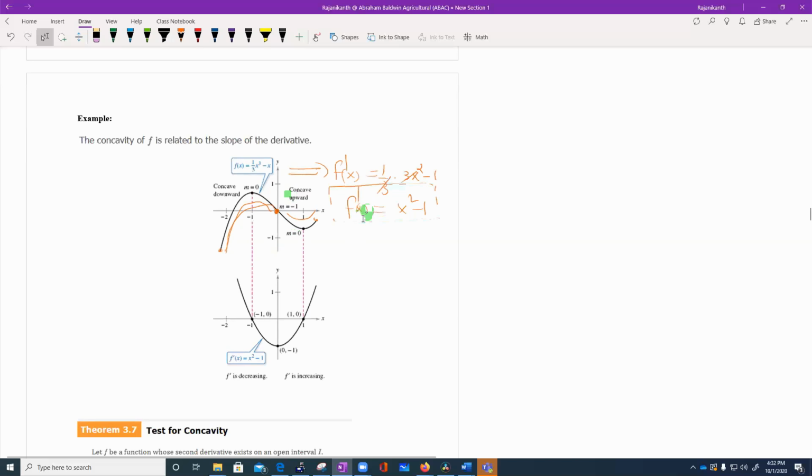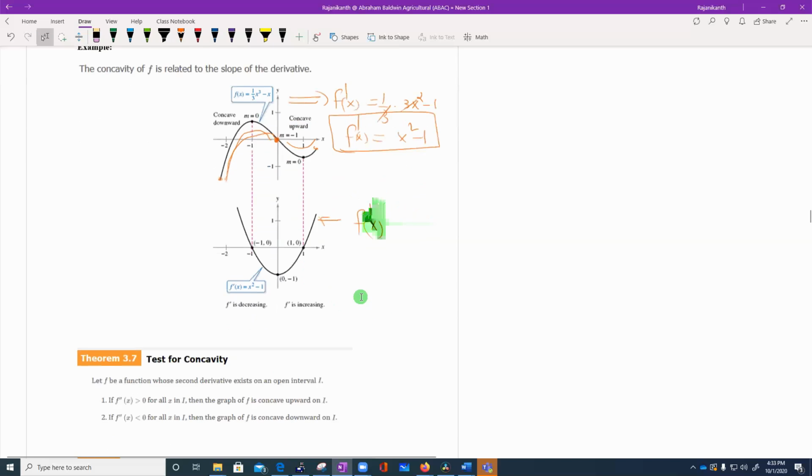You could think of this as a new function, x squared minus 1. If you plot that function, it is somewhere here, right? No confusion. This is the graph of f prime x. This is the graph of the original function. Now this picture gives a clearer connection between the concavity and the first derivative.